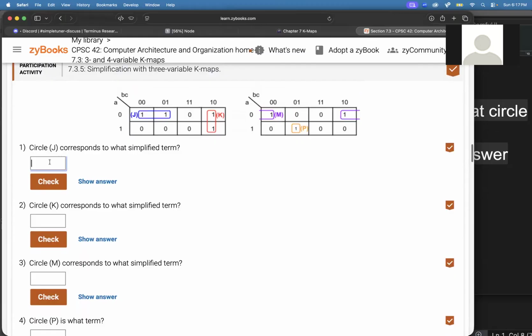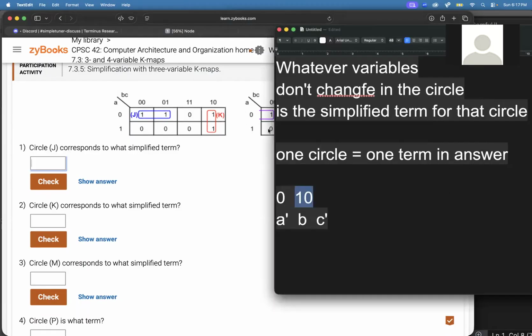As far as figuring out what the term is, just remember this rule up here. Whatever variables don't change in the circle is the simplified term for that circle, and one term equals one circle. So like the J here, you ask, what doesn't change in J? Well, the A is 0 in the entire circle, so that's not A. Does B change?